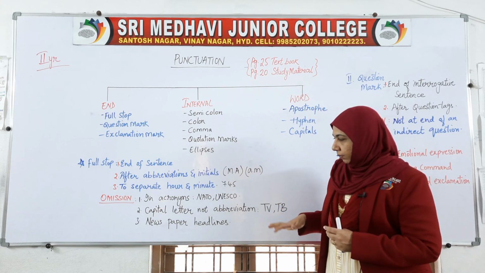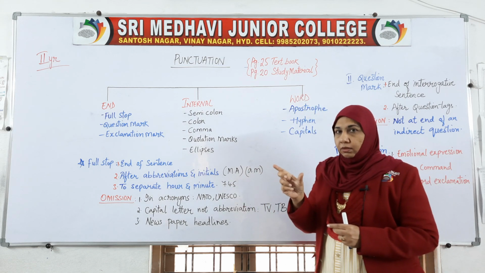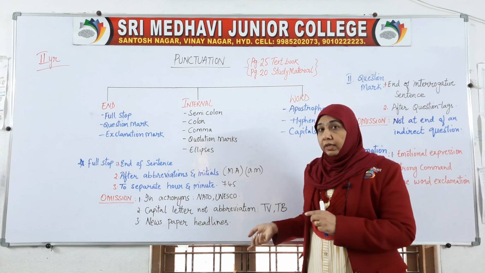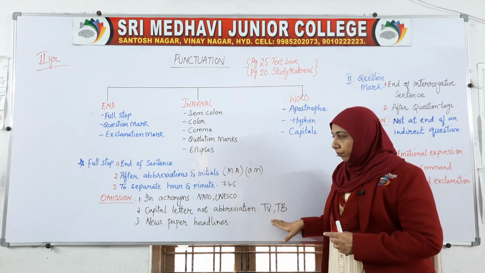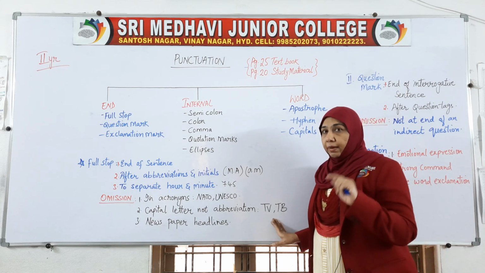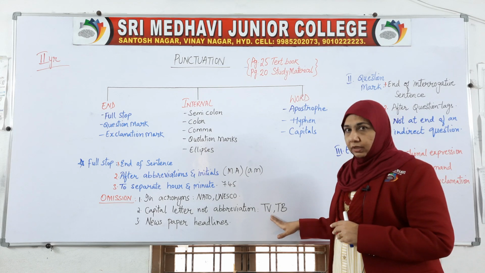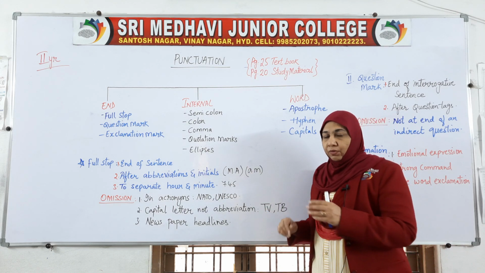Now next is when the letters you are reading are both capital letters and are not abbreviated forms. For abbreviations we use full stops, but not when the capital letters are not abbreviated forms, like we cannot separate those. Television, TV. So don't put the full stop here because we cannot separate them.